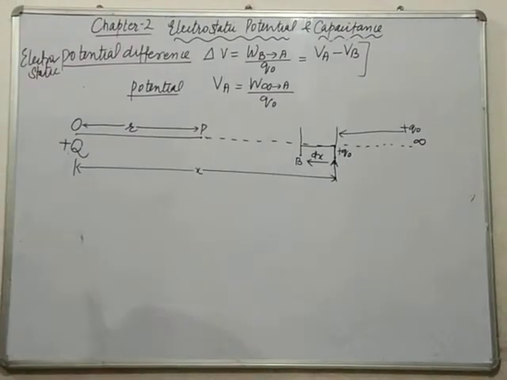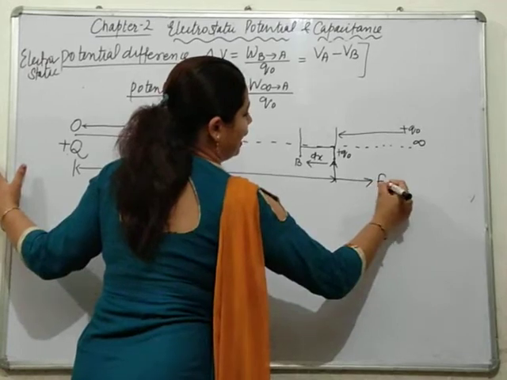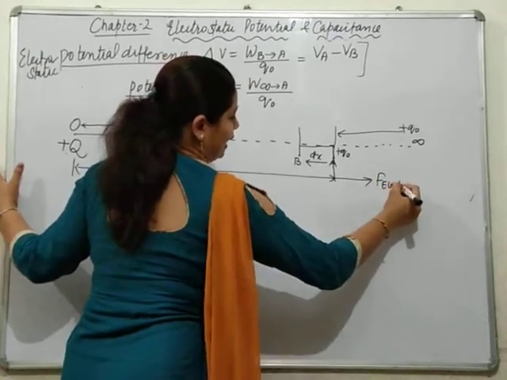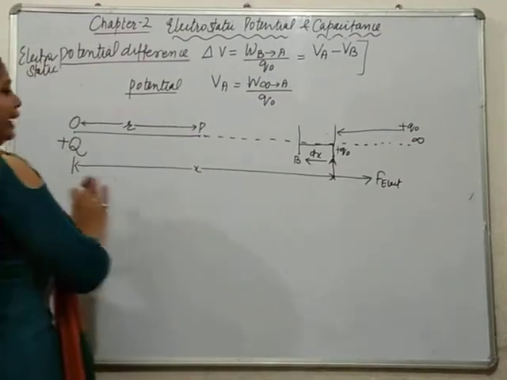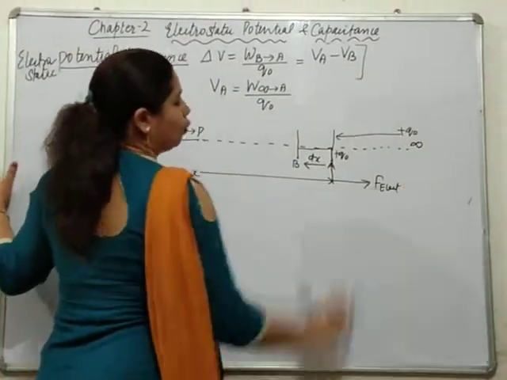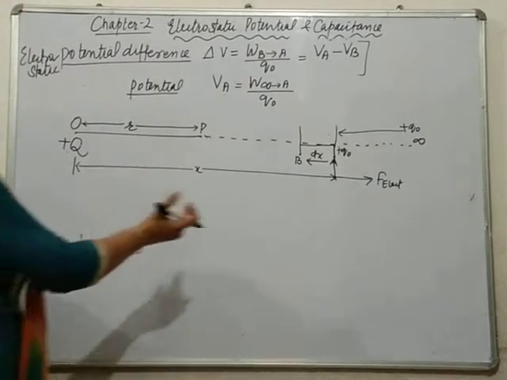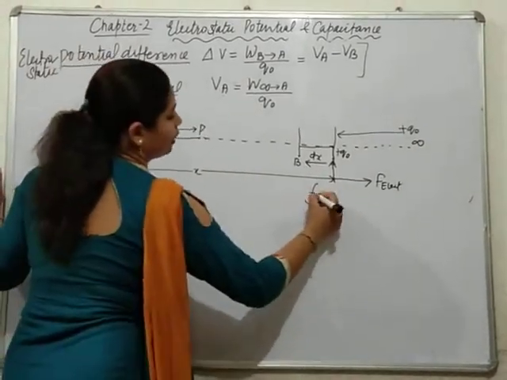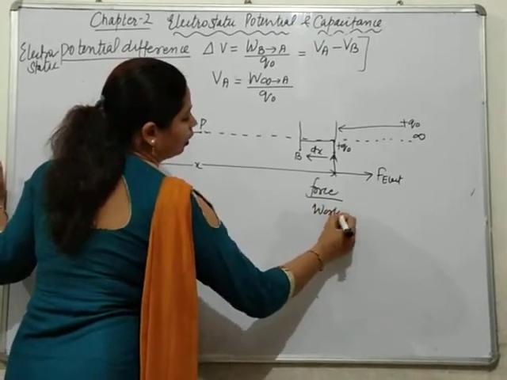So due to repulsion, it will experience an electrostatic force in the outward direction. As the body feels a force of repulsion in the outward direction, it will not come by itself. We have to apply force and do some work.